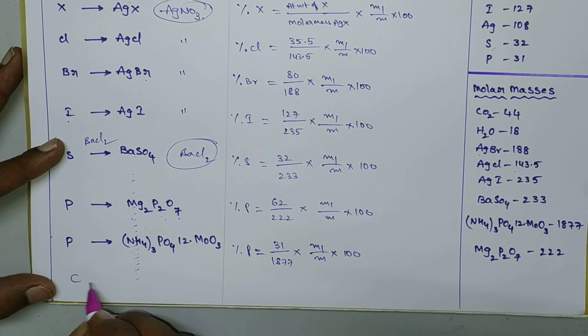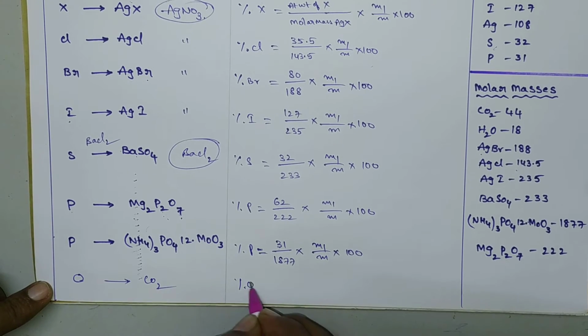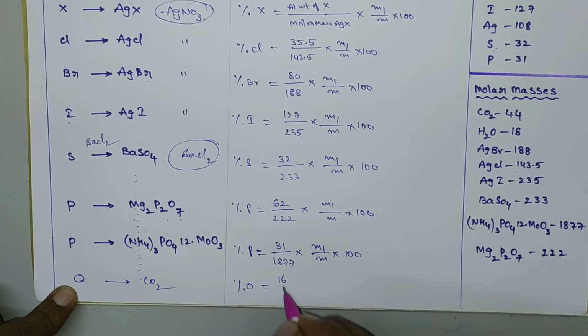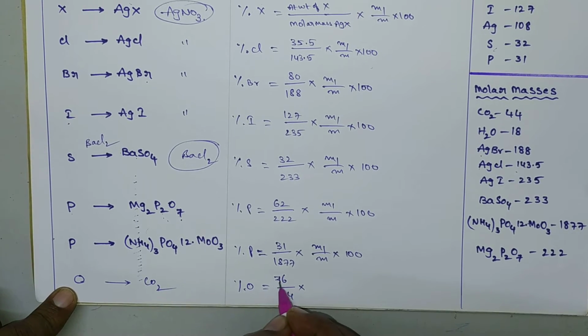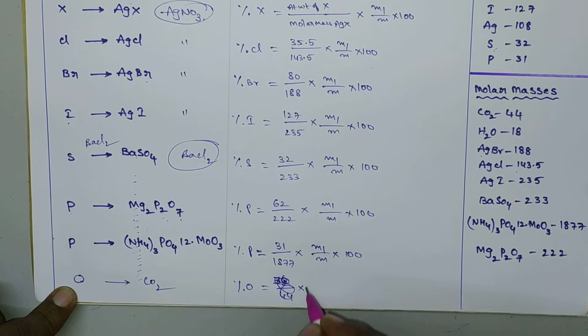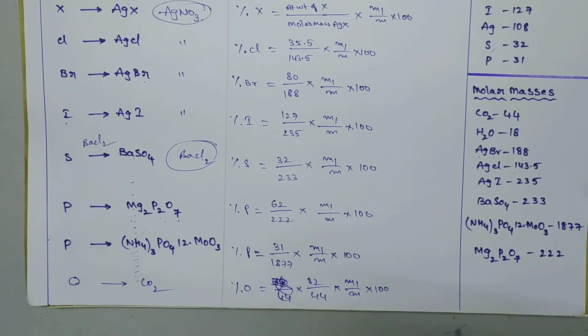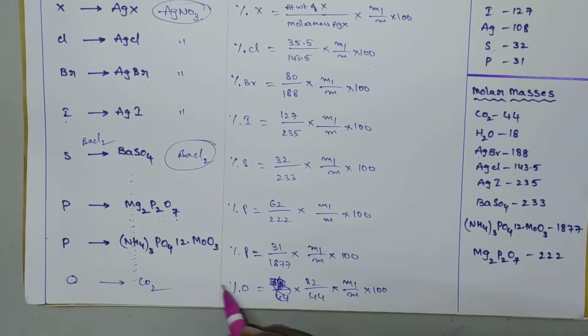The percentage of oxygen can be written as oxygen atomic weight 16, and it is converted into 44, but since 2 oxygens are there, we consider 32 by 44 into m1 by m into 100. In this way you can easily calculate the percentage of oxygen, though it can also be calculated by the indirect method.